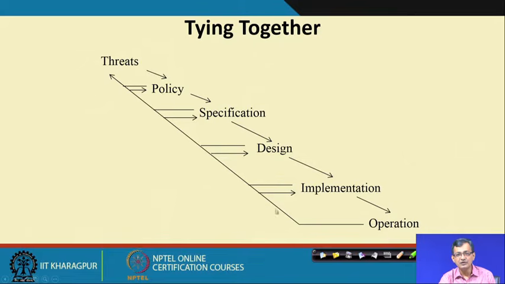From there it goes to implementation change, design change, specification change or policy change, or while operating it may generate new threats. So, this is a very dynamic and lively thing. I should not say fully real time, but near real time, a very dynamic and mutable thing.